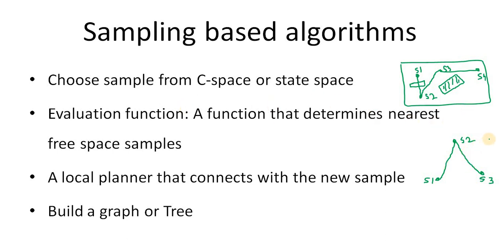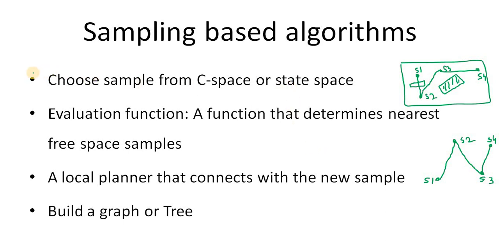So if S4 is here and it has a child S3, then it means that now S3 has two parents, S2 and S4. Then this is not a tree, this will be a graph. So in a tree, each node can only have one parent, but in a graph each node can have multiple parents also.